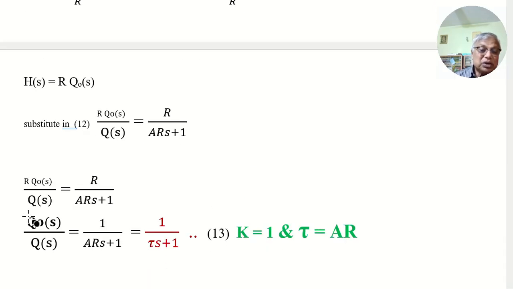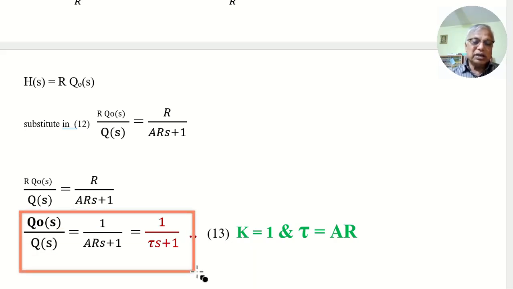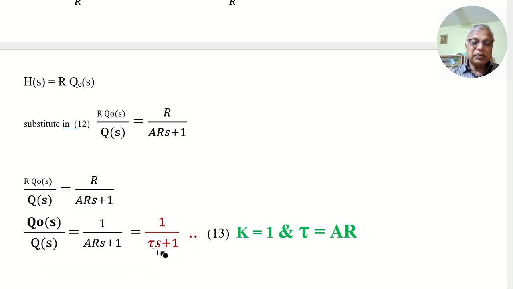So you get Q naught s by Qs equal to 1 by (ARs plus 1). That is of the form 1 by (tau s plus 1). So here you find the gain is 1. K is 1 here. The gain in the numerator is 1 here. And tau is the same as before, AR.